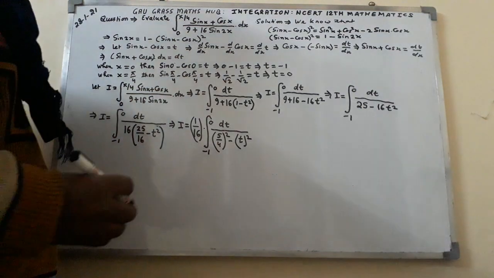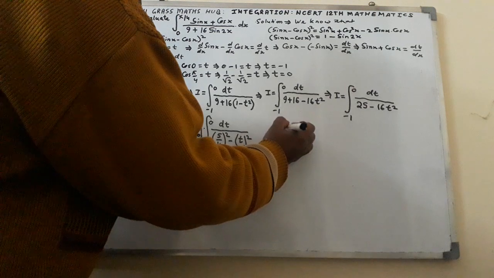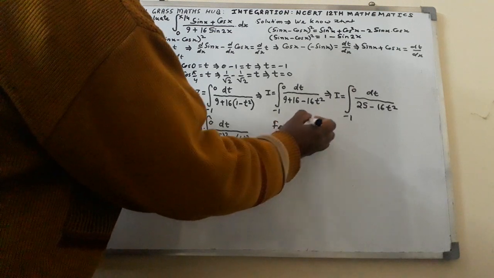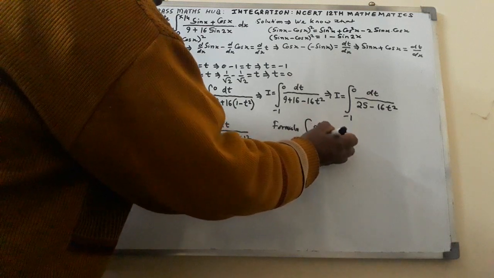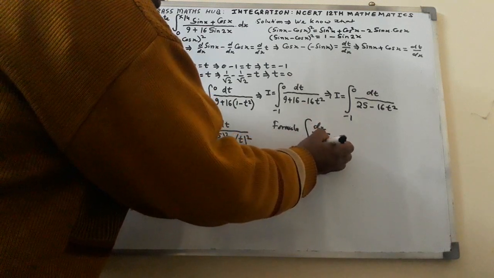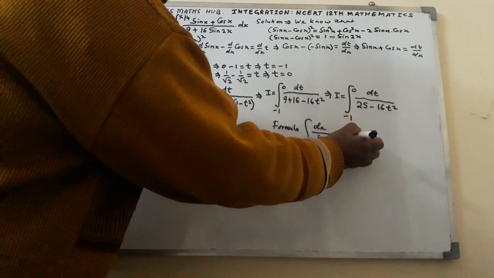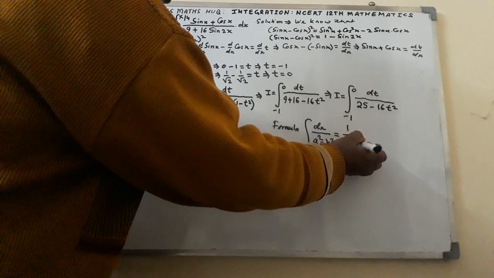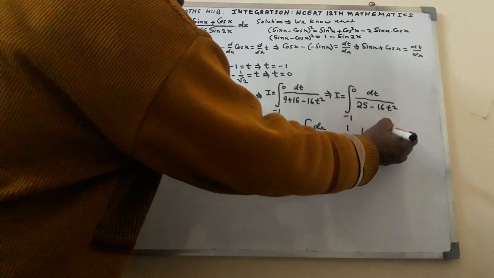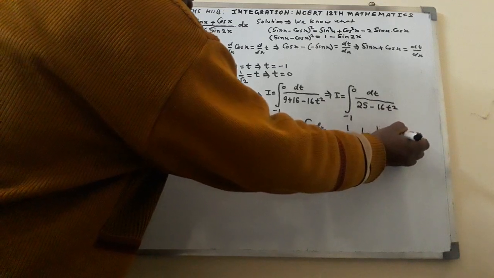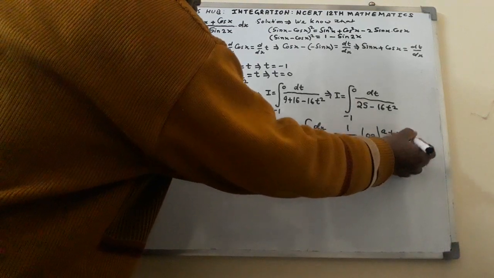So what we'll do, one formula we know. I shall write here the formula: integral dx over a square minus x square is equal to 1 over 2a dot log mod (a plus x) whole over (a minus x).